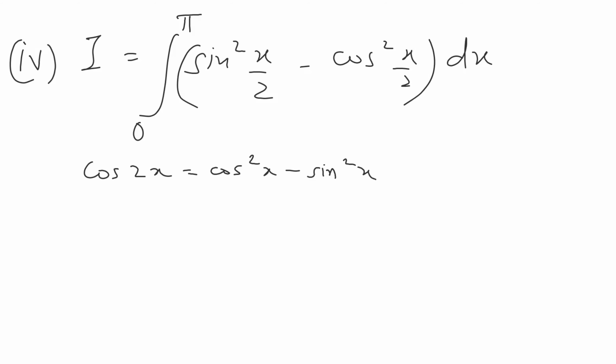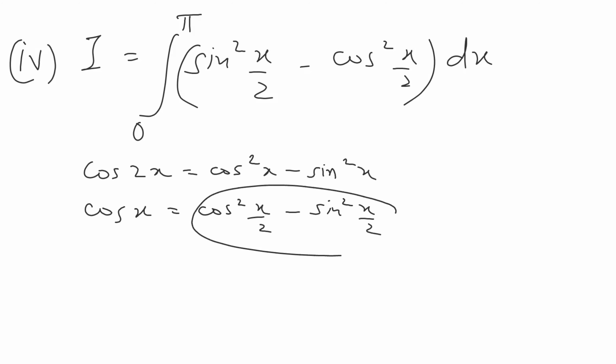Okay. So what will be cos x? Cos x will be cos square x by 2 minus sin square x by 2, correct. Now if we reverse this, can we write in this particular manner?